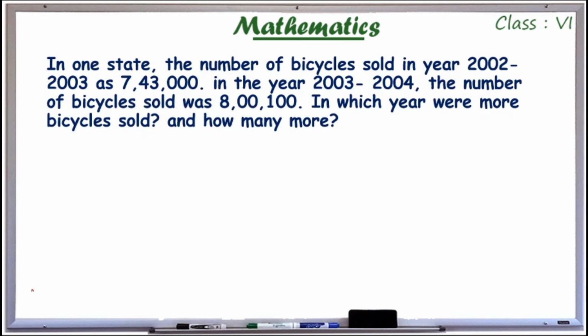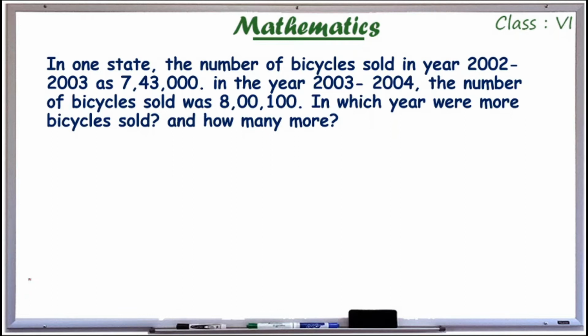Read the next question. In one state, the number of bicycles sold in the year 2002-2003 was 7,43,000, and in the year 2003-2004 the number of bicycles sold was 8,100,000. In which year were more bicycles sold and how many more?